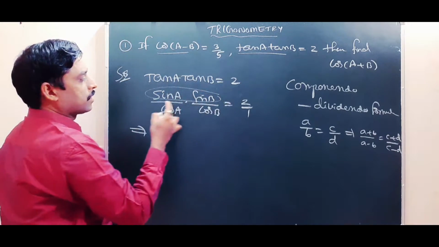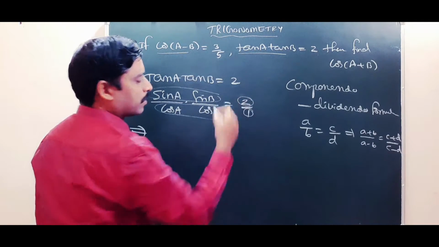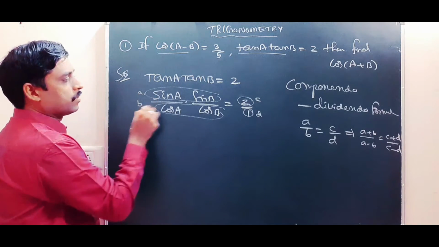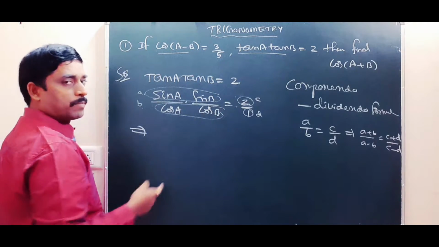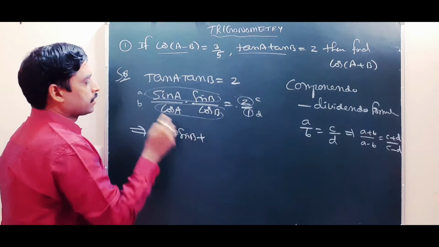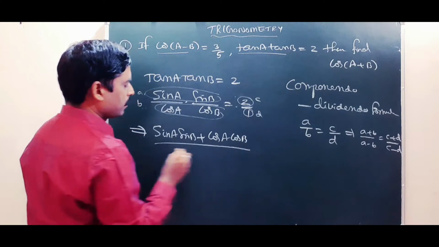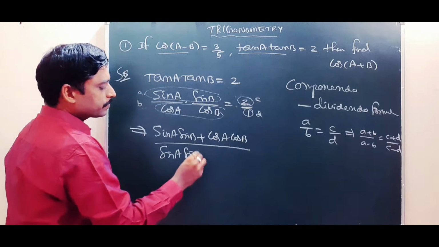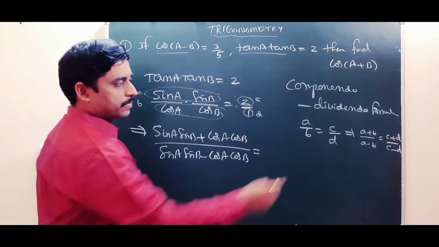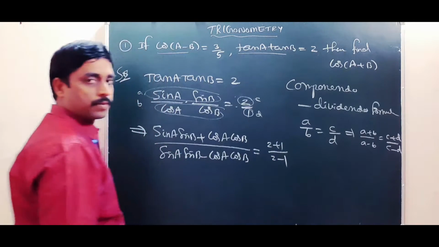So let us take sin A sin B as A, cos A cos B as B, and 2 is C, 1 is D. So A by B equals C by D. What is the formula? A plus B, sin A sin B plus cos A cos B, upon sin A sin B minus cos A cos B, equals C plus D by C minus D, 2 plus 1 by 2 minus 1.